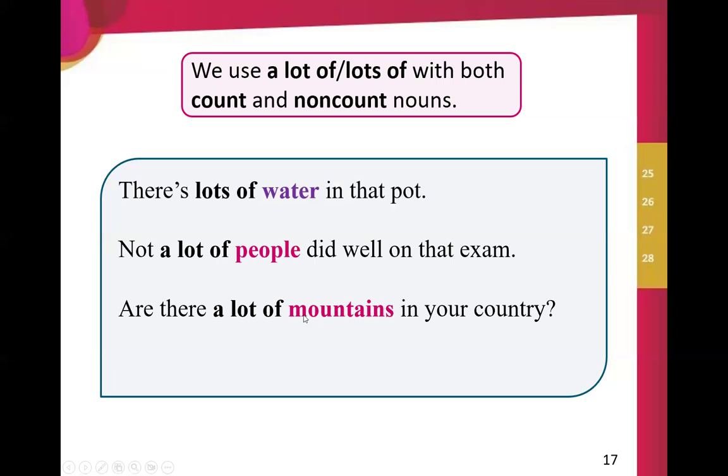So mountains here is plural, plural in your country. There isn't, is not, so it's not a countable noun. Is not lots of salt. Is here means that salt is an uncountable noun. So we use the singular form of the verb. Do you understand that? Yes?